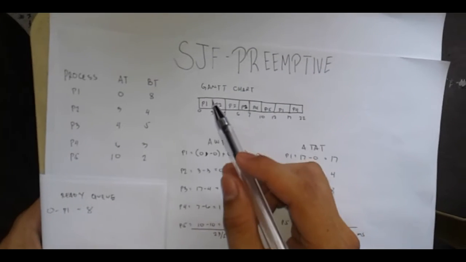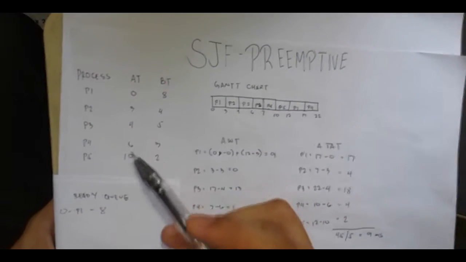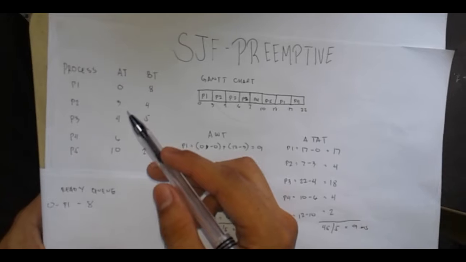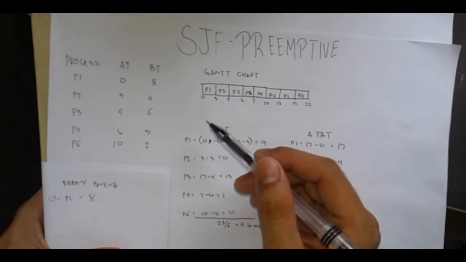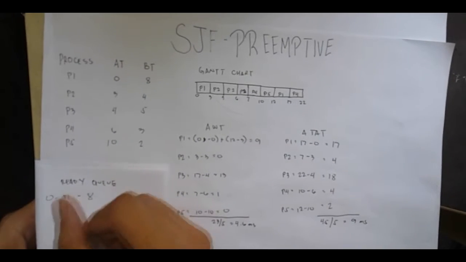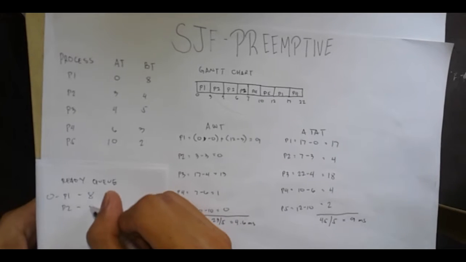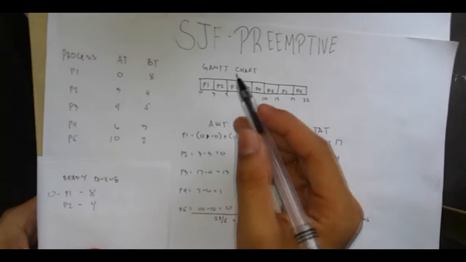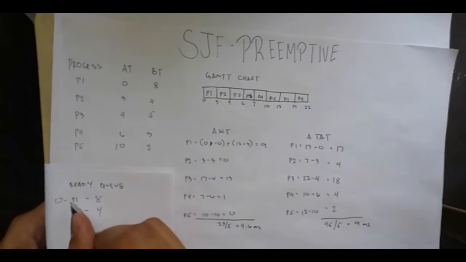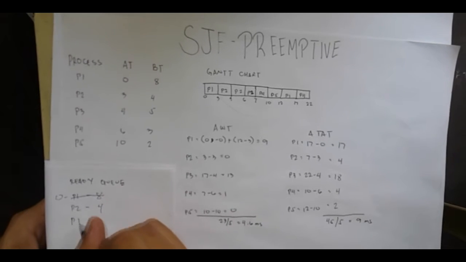But at time 3, P2 has arrived. So P1 will be preempted and P2 will go to our ready queue with a burst time of 4. And P1 has the remaining time of 5.